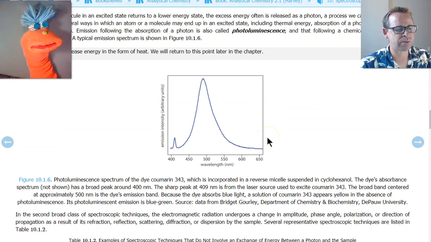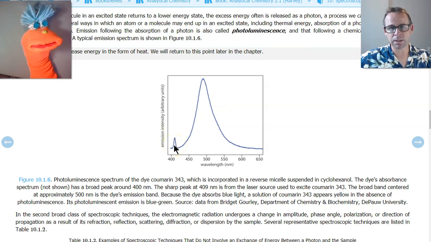Here is a different example of emission intensity. Now here, again, we're not looking at the light that was absorbed, but we are using photoluminescence. We're looking to see the wavelengths of light that are emitted by the molecule after it absorbed some energy from somewhere else.